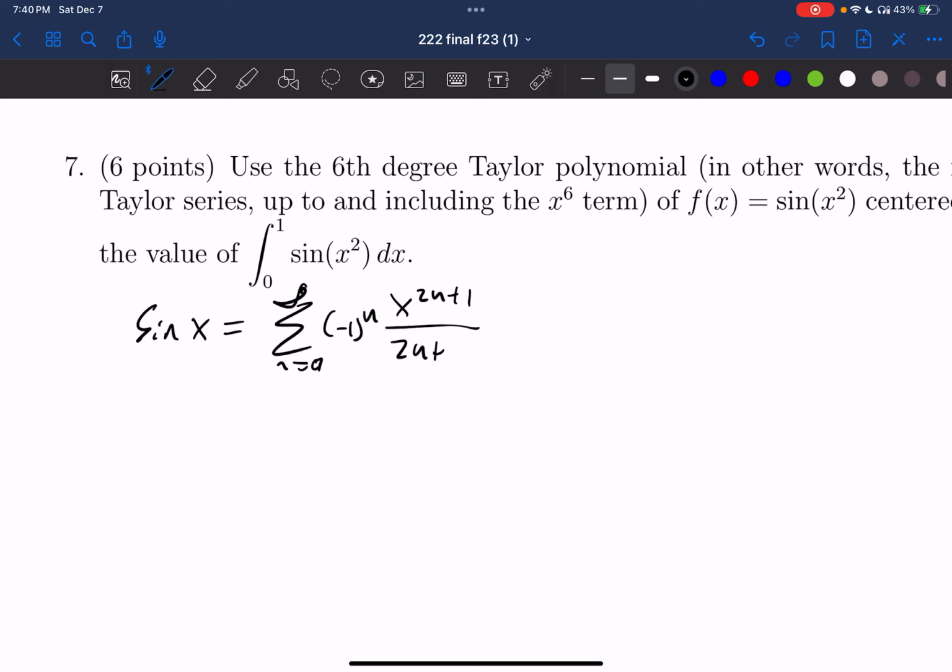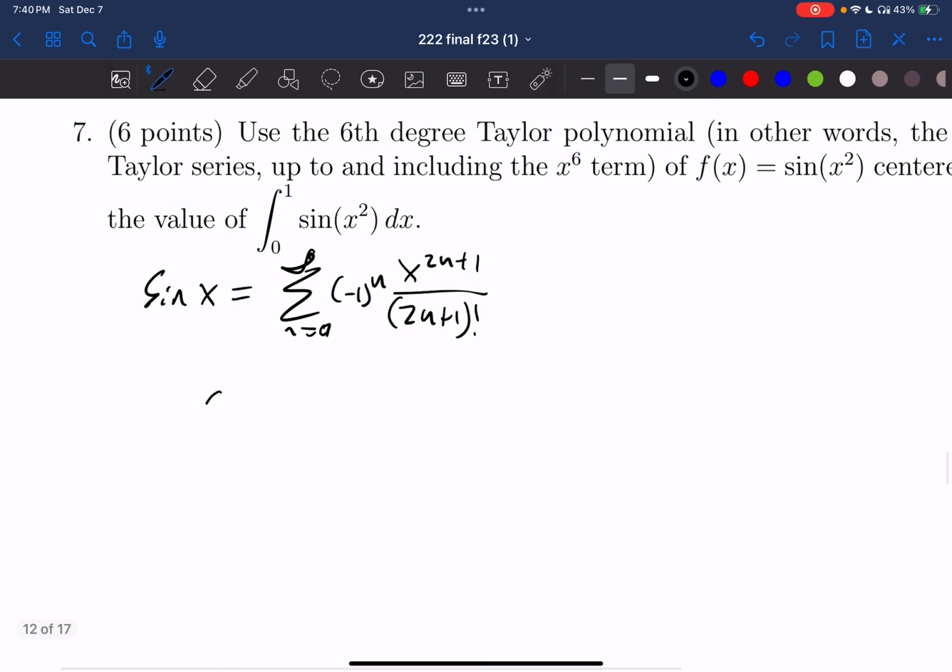Okay, so sine x will be equal to, let's plug in 0. Anything to the 0th power is going to be 1, so we can ignore this term right now. And 0 times 2 is 0, plus 1 is just going to be x over 1 factorial. 1 is just 1.